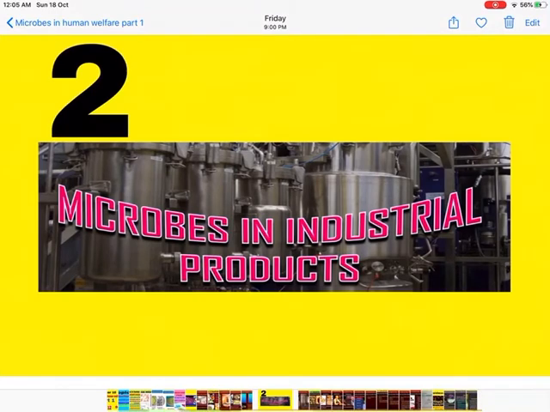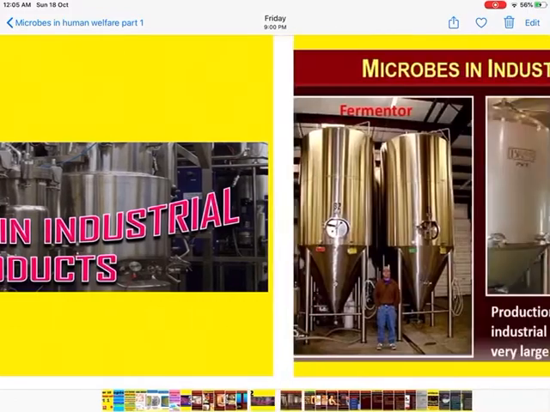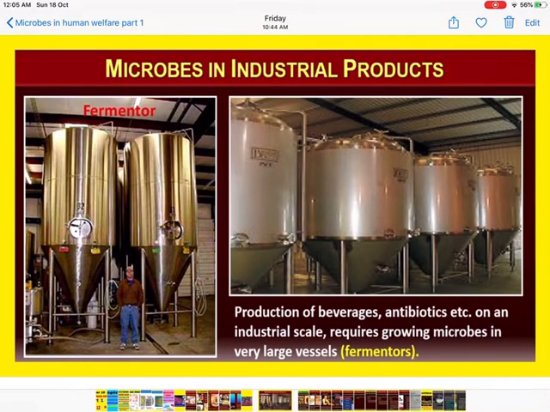Come to the microbes in industrial products. Production of beverages and antibiotics on an industrial scale requires growing microbes in very large vessels, and these vessels where the microbes are growing in large number are called fermenters.